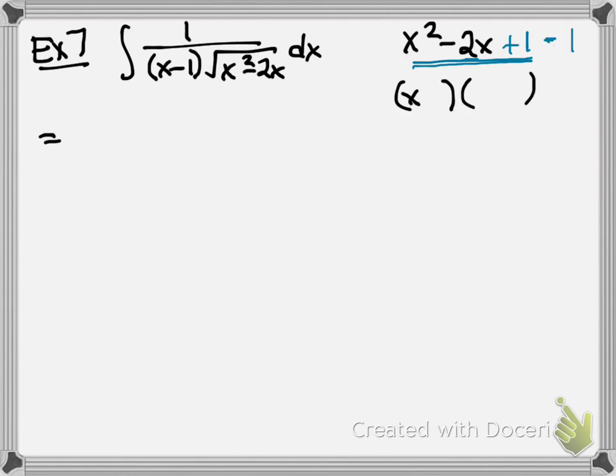What multiplies to give me 1 and adds to give me negative 2, I would need x minus 1 for both. So I have x minus 1 squared, and then I still have this minus 1 over here on the end. So I started off with that here, I added and subtracted a 1, so I didn't change the value any, and now I've ended up with this. So I can replace this with this.